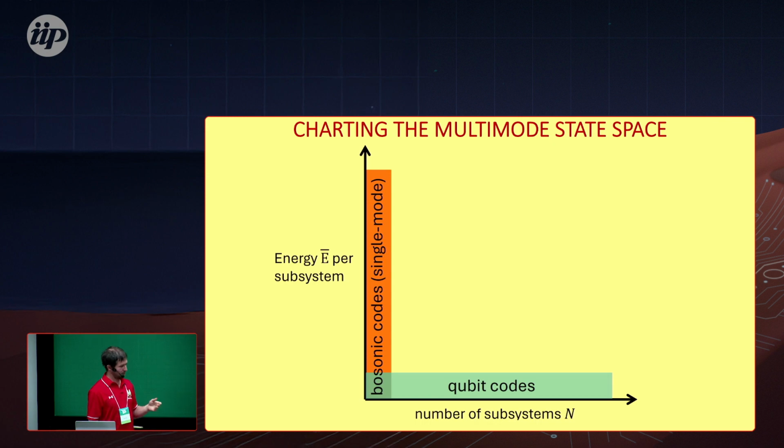If you only use the first 2 levels per subsystem, this one and that one, and you just scale up the number of subsystems, then you're in a domain where most people are. This is where your qubit encodings and your qubit-based systems are, okay? So you can go this way and get the thermodynamic limit, et cetera.